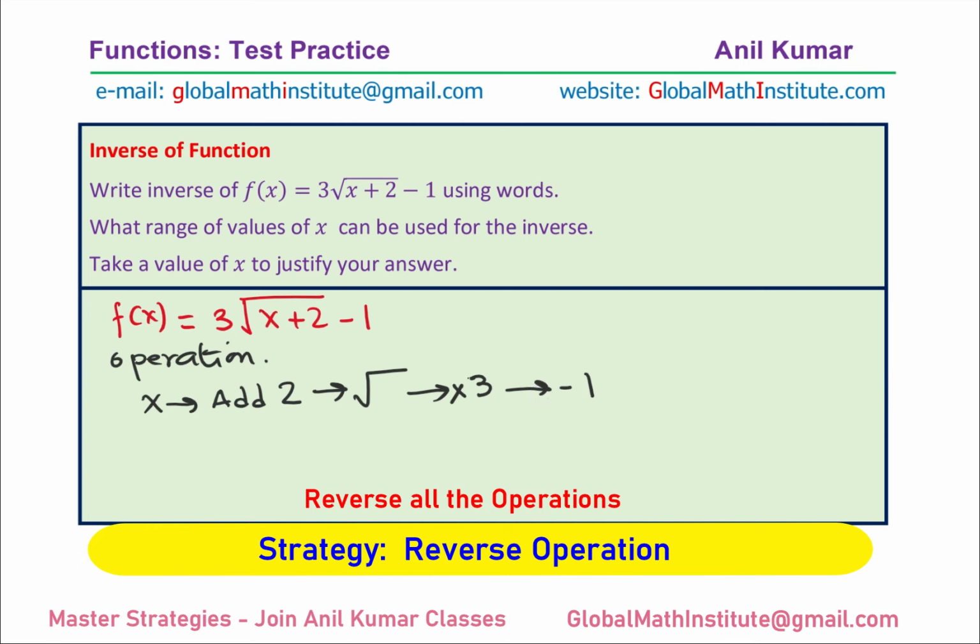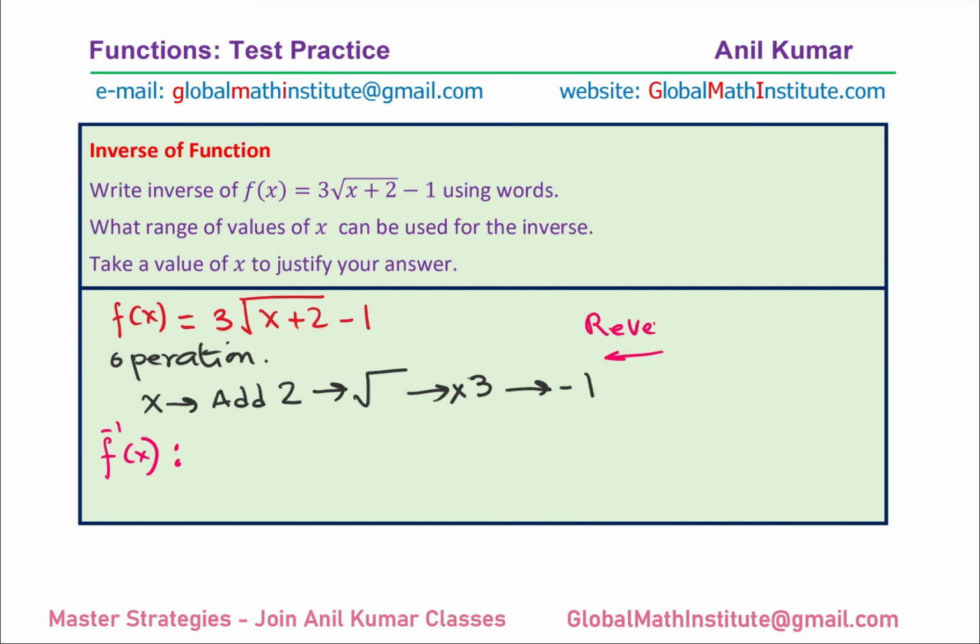And therefore, we can now say what is the inverse of this function. So in words, we have to go in this particular direction, which says minus 1, what is the inverse, reverse of this, you can say, right? So reverse operation. You add 1, right?